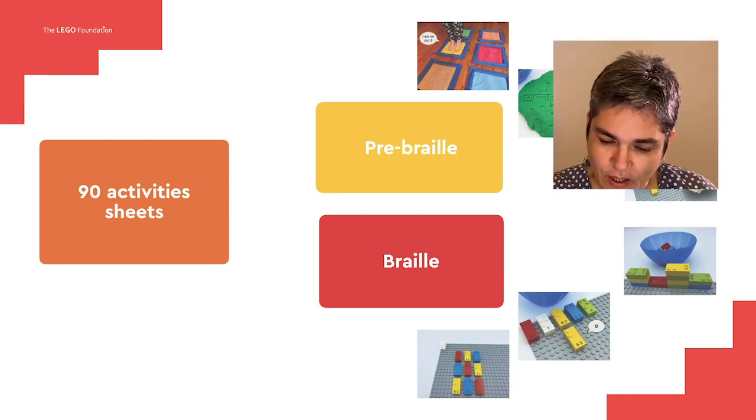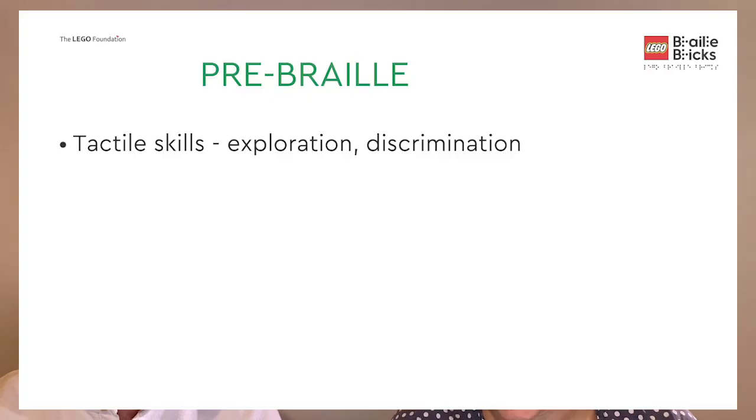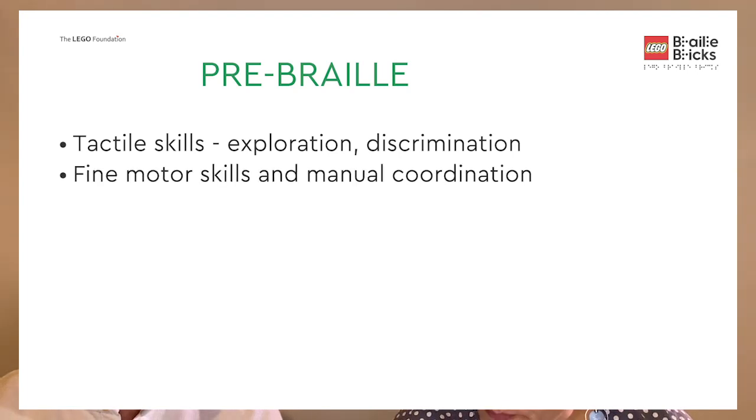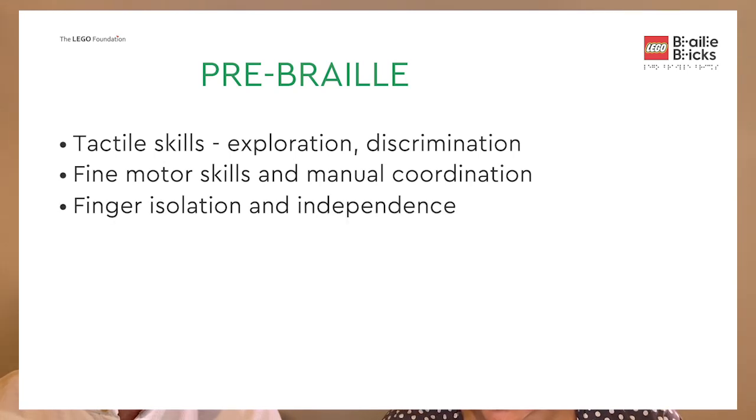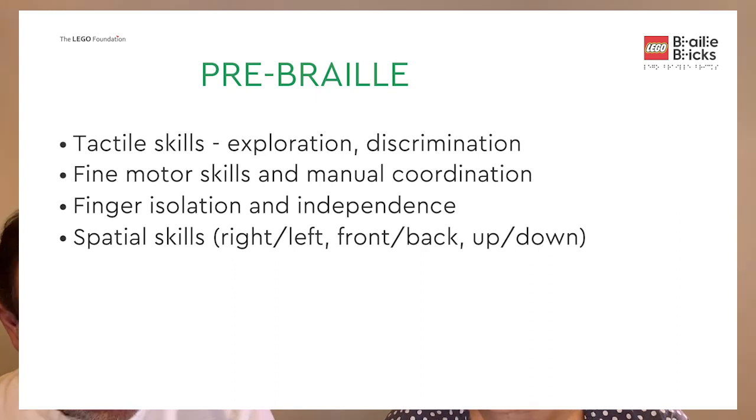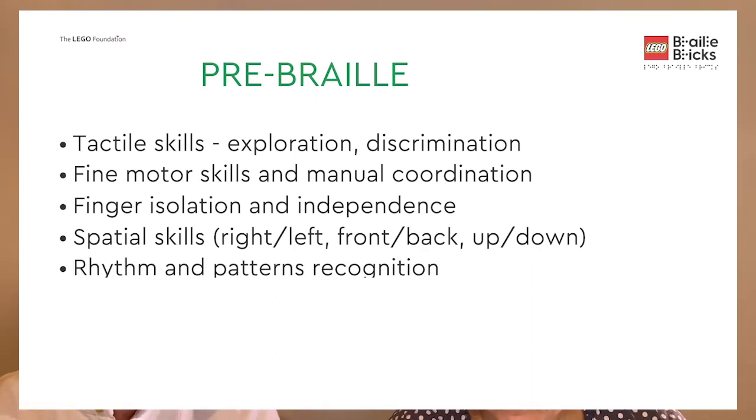So just to have a quick view of what we mean with Prebraille, it's about tactile skills, exploration and discrimination, of course, fine motor skills and manual or bimanual coordination, everything about finger isolation and things like that, the spatial skills, notion of left, right, front, back, and so on.